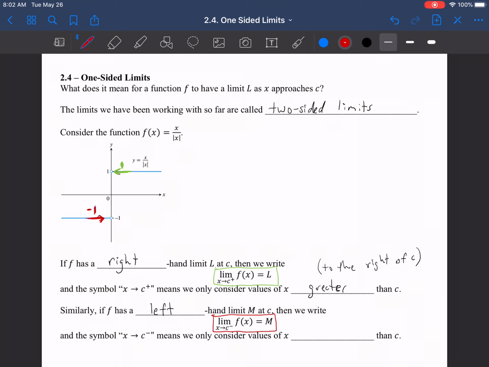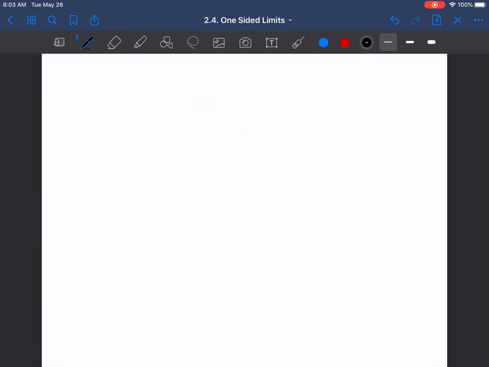That's the left-handed limit. And we are looking for values that are less than c, or to the left of c. That's where we're looking. So now we can look at what are called one-sided limits.